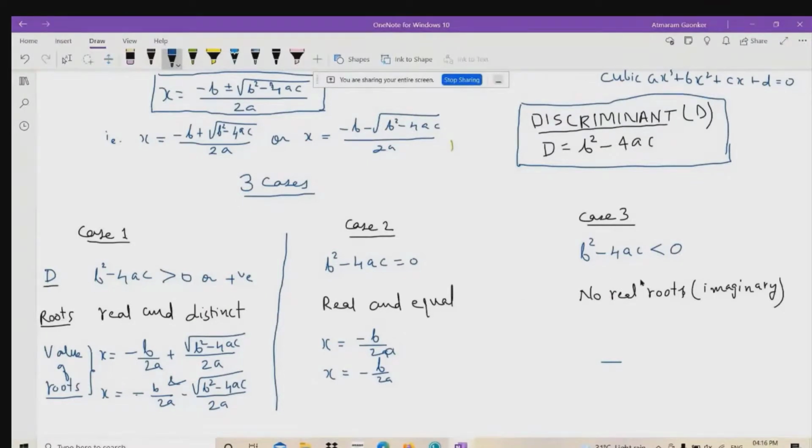And the third case is, if the discriminant b square minus 4ac is less than 0, that is negative, we cannot find the square root of a negative number, because it becomes an imaginary number. So in that case, when the discriminant is less than 0, there are no real roots, and these roots are called imaginary.